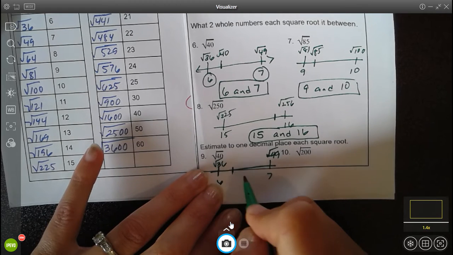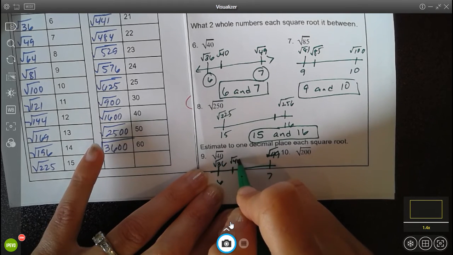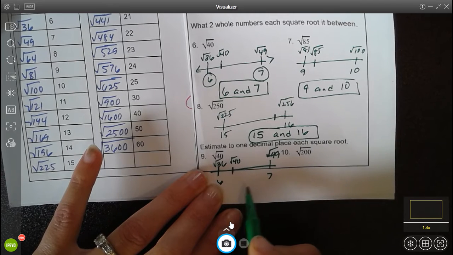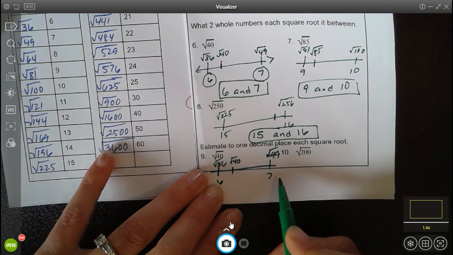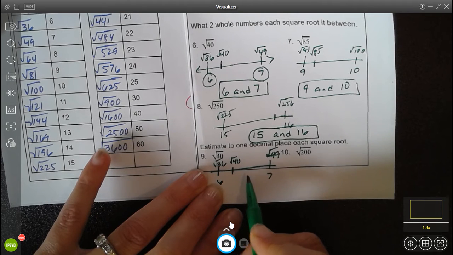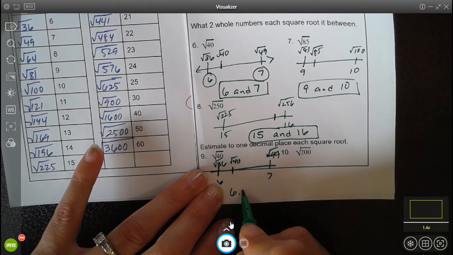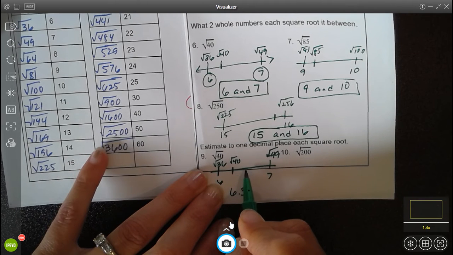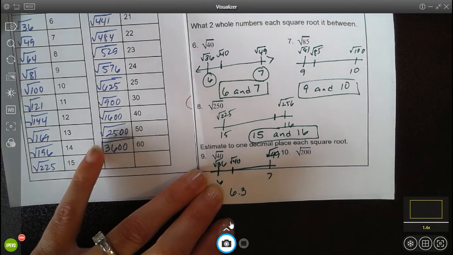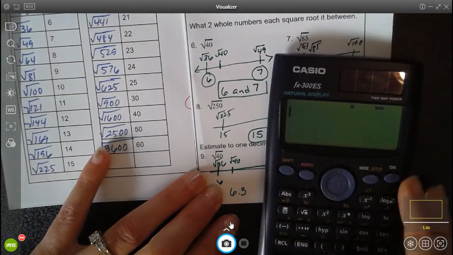And 40 would be right about here. And so it's in between 6 and 7. It's larger than 6, but it's not quite 7. And I wouldn't say it's in the middle at 6.5. So I would guesstimate this one at about 6.3. If this is 6.5 and the dead center of those two numbers, I can go ahead and check it. You're just trying to get close.